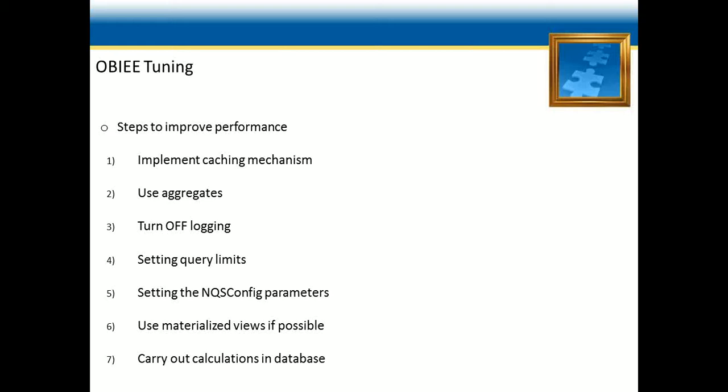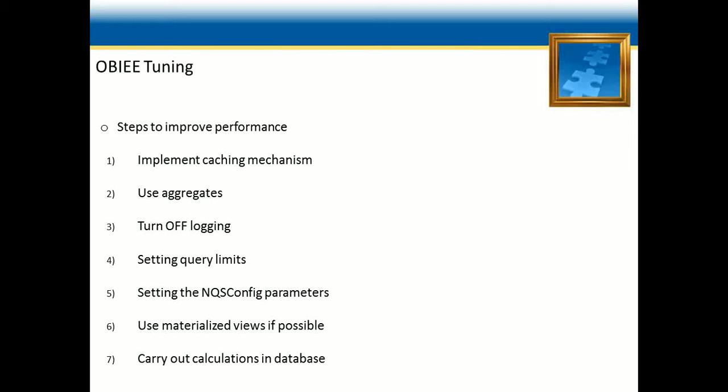Set query limits. Suppose a single user is firing 100 queries in 10 minutes, so set query limits for that user. Setting the NQS config parameters: NQSConfig is the file in OBI in which you can set some parameters.